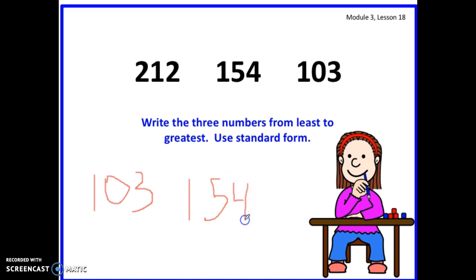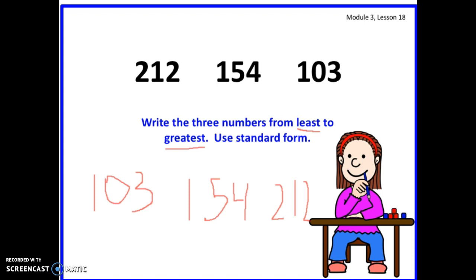And the biggest one, 212. Now, friends, we have to be really careful when we're looking at directions because it's going to be confusing if you don't. Because this one said write these 3 numbers from the least to the greatest. A lot of times they want it from the biggest to the smallest. So we really have to know what those words mean and follow what they say.